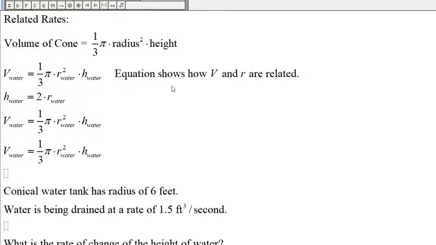Since we're looking for how fast the height of the water is changing, we want to keep the H and just replace the R. If we divide both sides by 2, we get R of water is equal to H of water divided by 2.